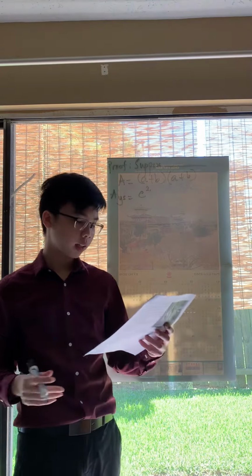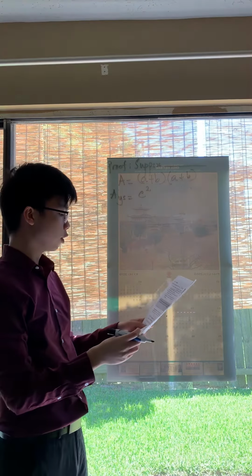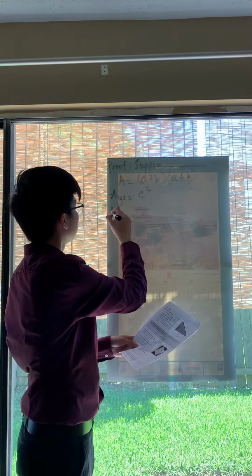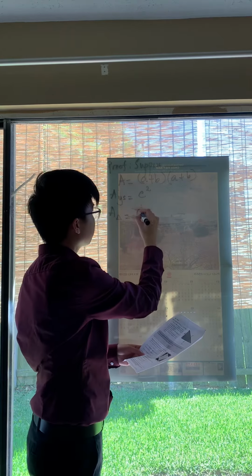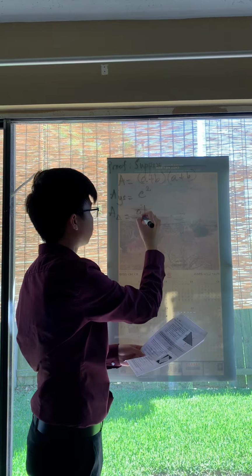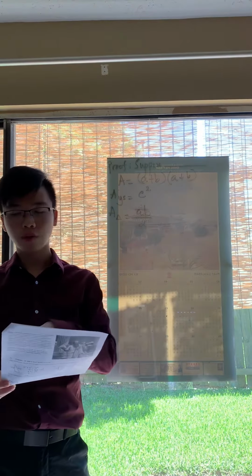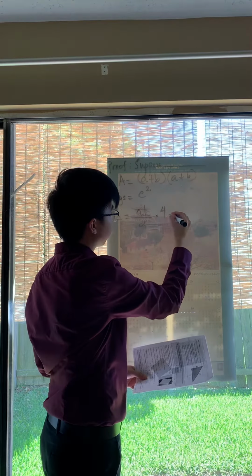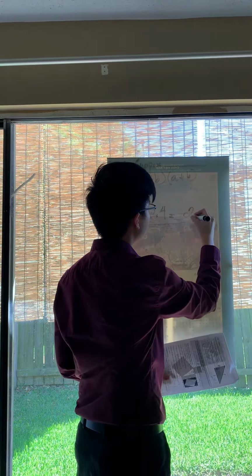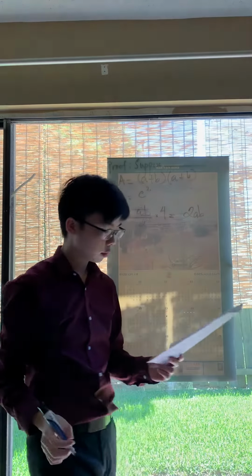Then the area of one right triangle is a times b over 2, right? And since we have 4 right triangles, we multiply that by 4, and that simplifies into 2ab.